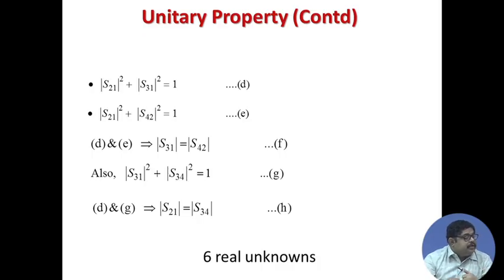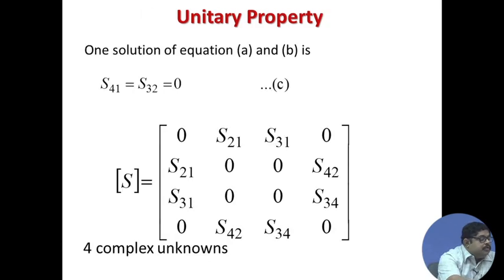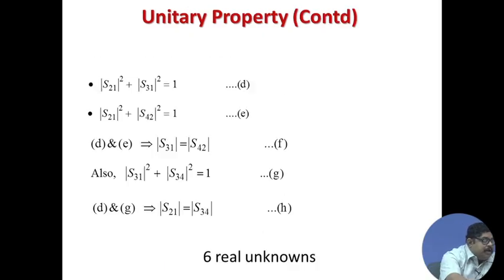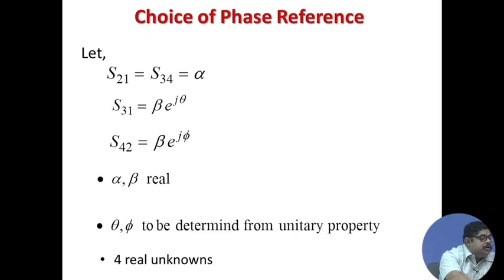What are they? S31, S42, S21, S34. You see here that from these 4 complex unknowns, 1 we are removing, and finally, we are having 6 real unknowns. Out of 8, you now have 6 real unknowns you need to determine.